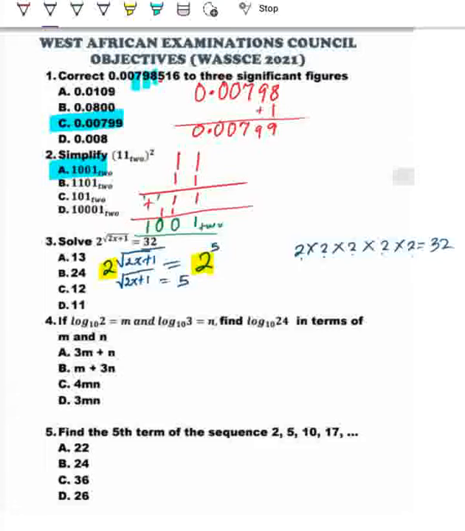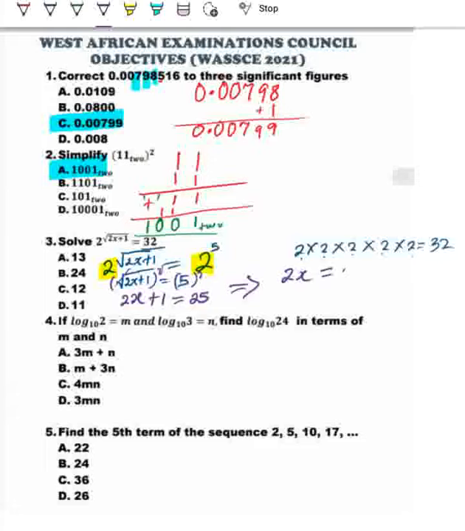To remove this root, we square both sides of the expression. The square cancels the square root, leaving 2x plus 1 equal to the square of 5, which is 25.